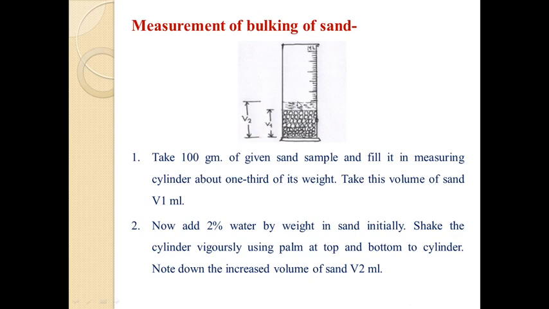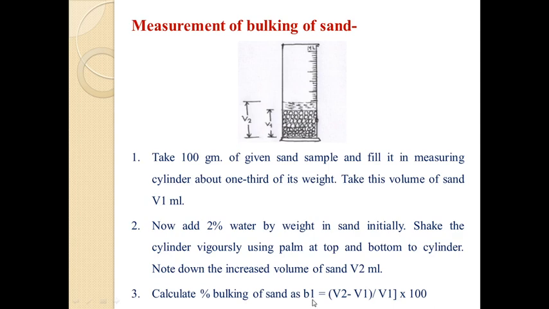So by the addition of 2% water, the volume of the sand gets increased. Firstly it is V1; by adding 2% water by weight of sand, the volume becomes V2. Next, calculate the percentage bulking of sand as B1.